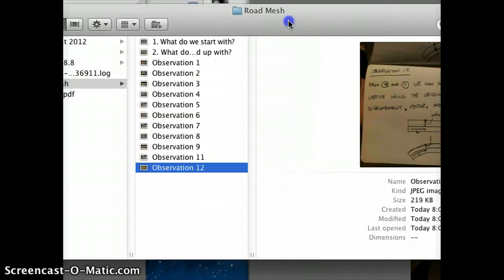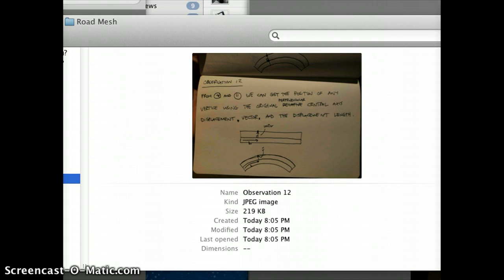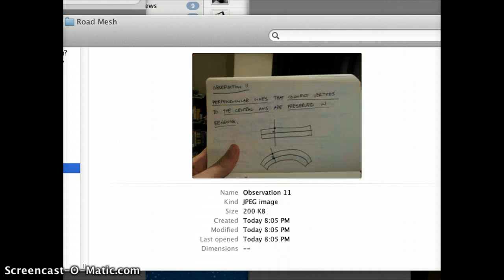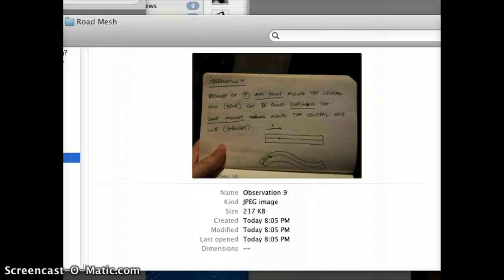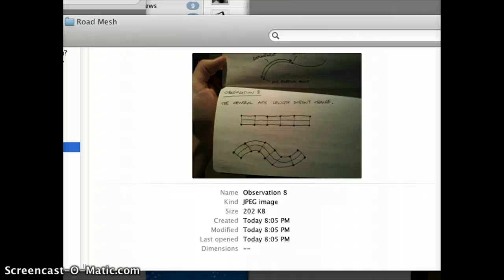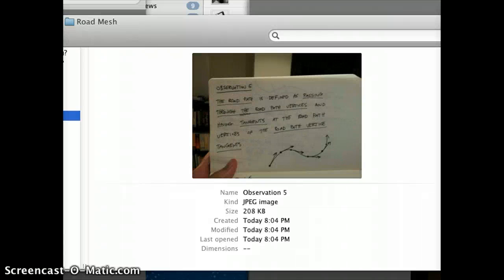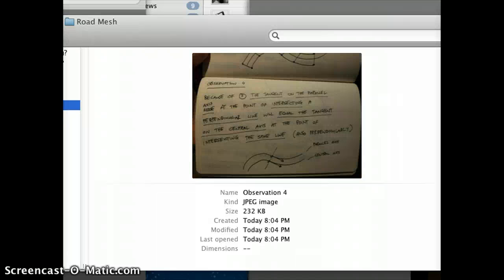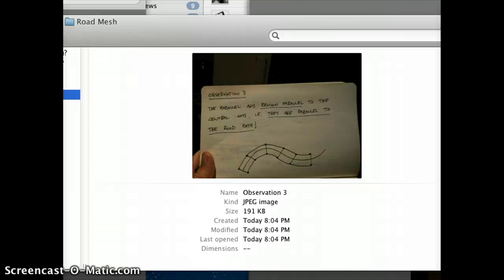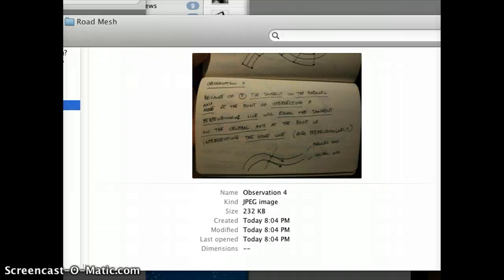Let's see. Perpendicular lines. Where is it? Okay, it's kind of confusing.